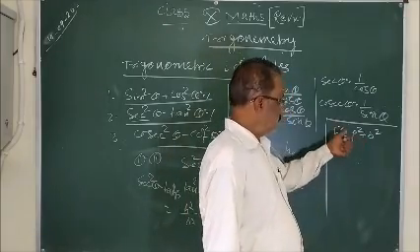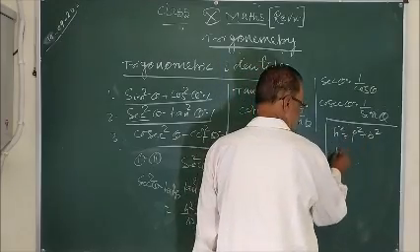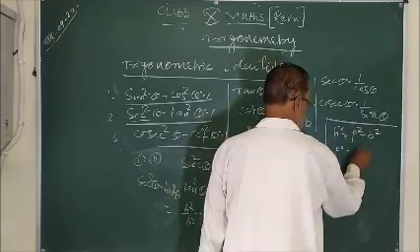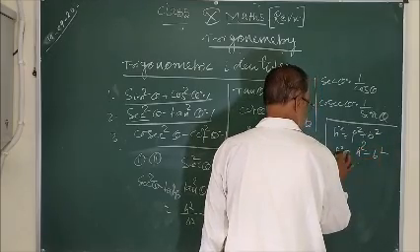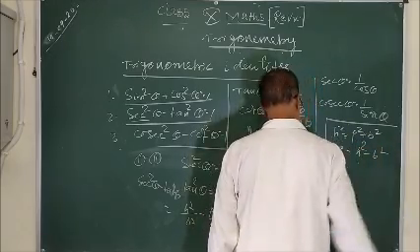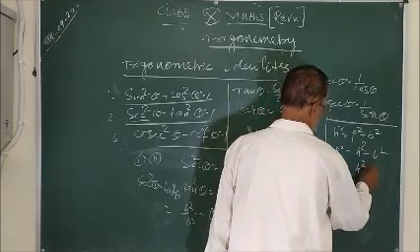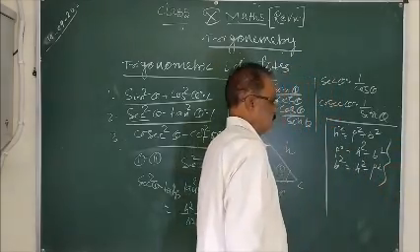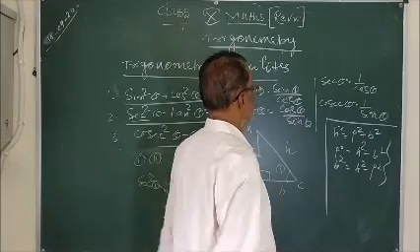Or from this formula you can derive the other two, p square is equal to, so you transfer b square from right to left, so it will be h square minus b square, and if you find p, so that will be root, and similarly b square, so you can say h square minus p square.